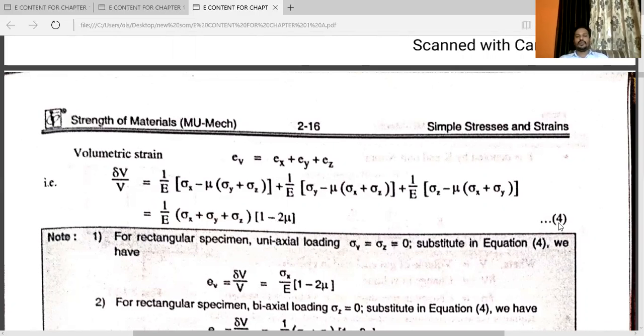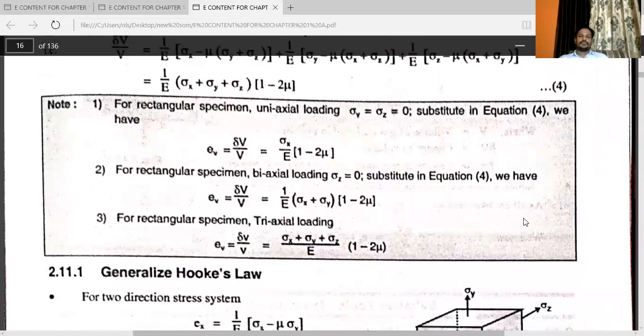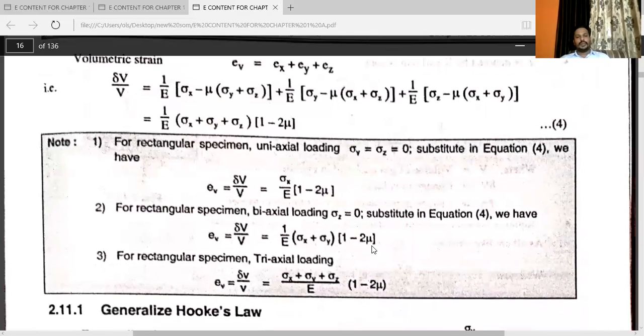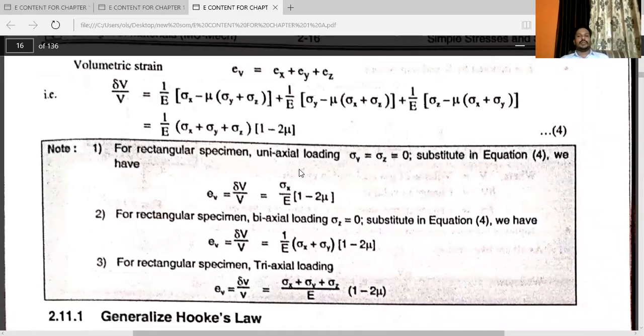That is equation number 4. So these are very important formulas. Please note down these formulas very carefully.